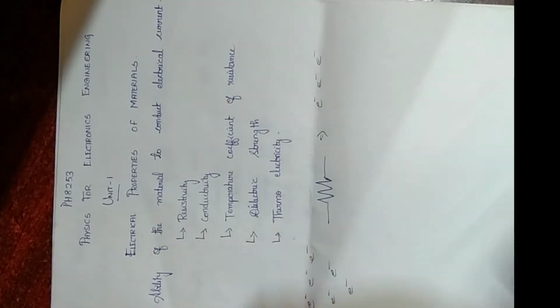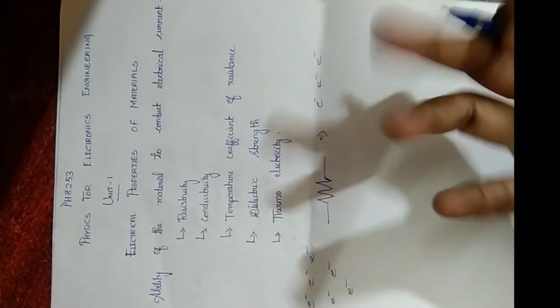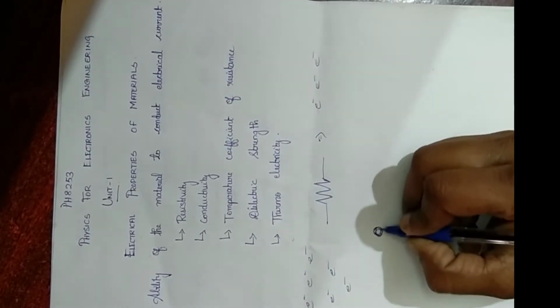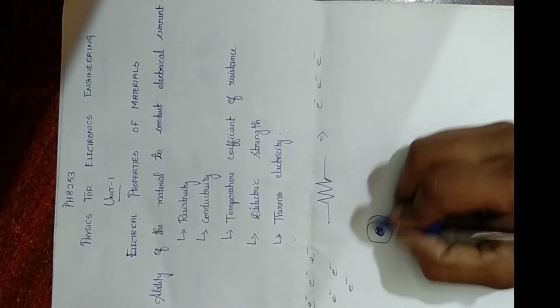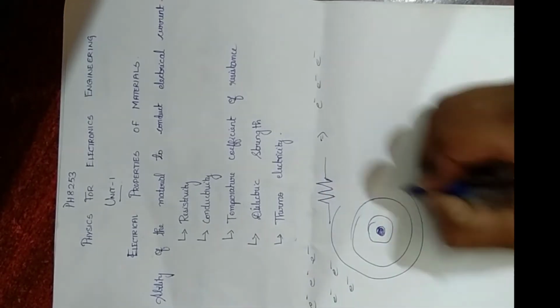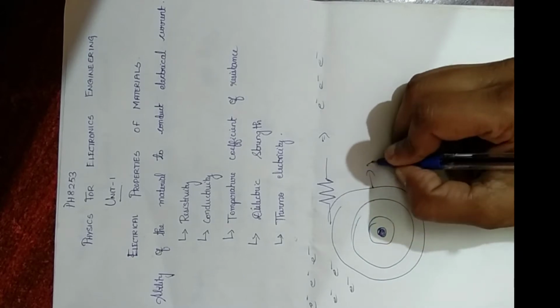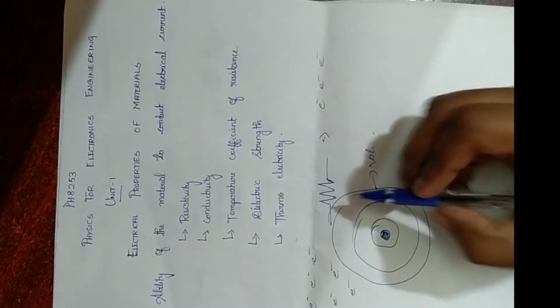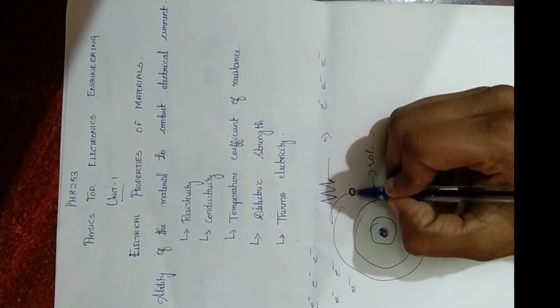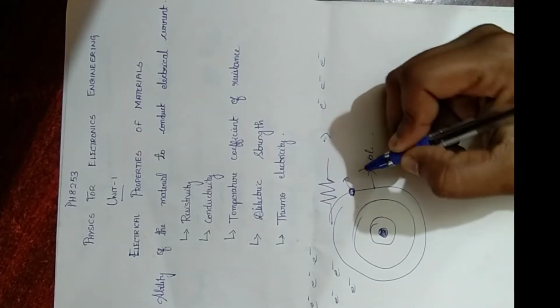Now coming to conductivity. Conductivity is the property of the material which allows the flow of electric current through it. The valency electron is responsible for the free flow of current, that is, for conduction. So what is a valency electron? In an atom, the outermost shell has an electron which is loosely bound to the nucleus of the atom.